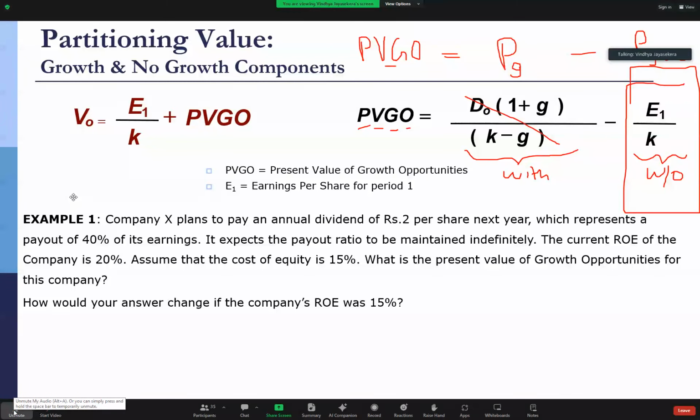Is it 41.33? No, I don't think so. Everything is the same, right? It's not.